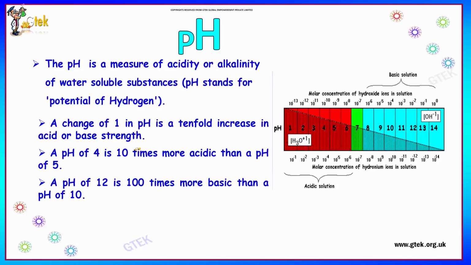A pH of 4 is 10 times more acidic than a pH of 5. A pH of 12 is 100 times more basic than a pH of 10.